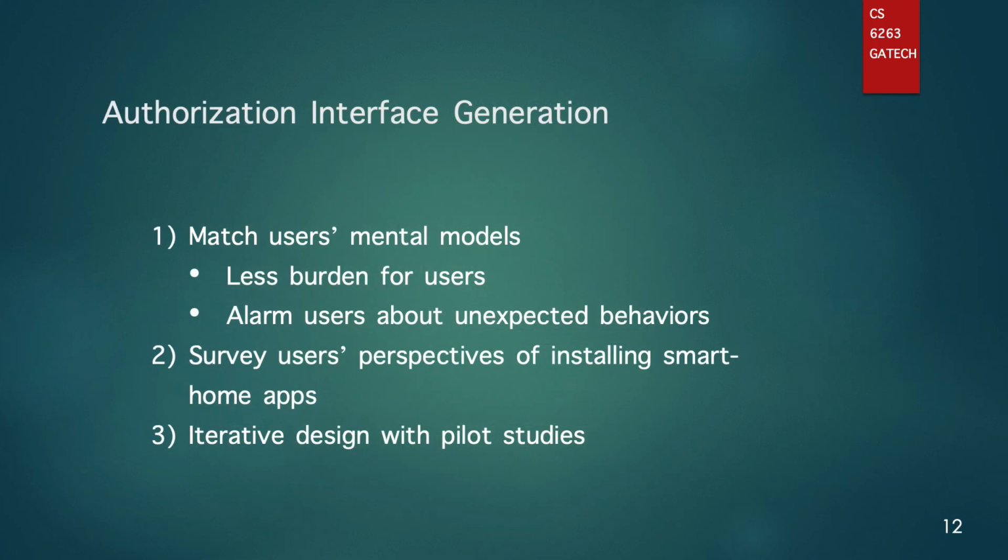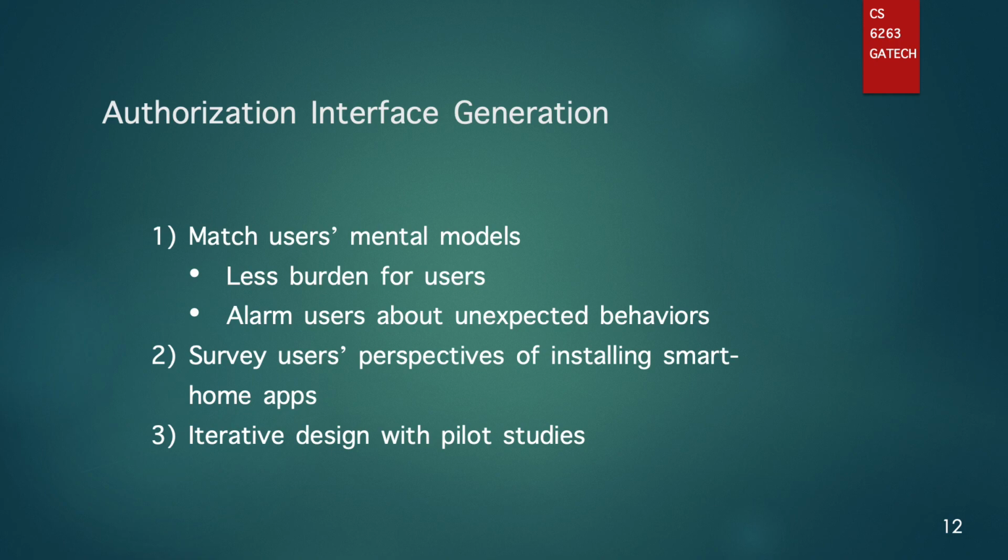If you recall, in the design we also had an authorization interface generation. As you can see, there are three main parts to this interface generation: matching users' mental model, which should put less burden on the user and alarm users about unexpected behavior.